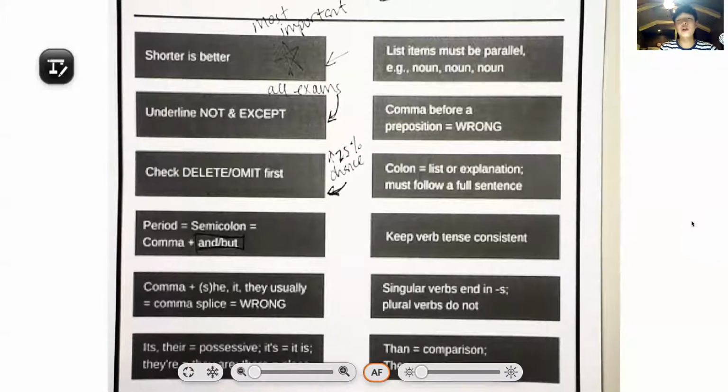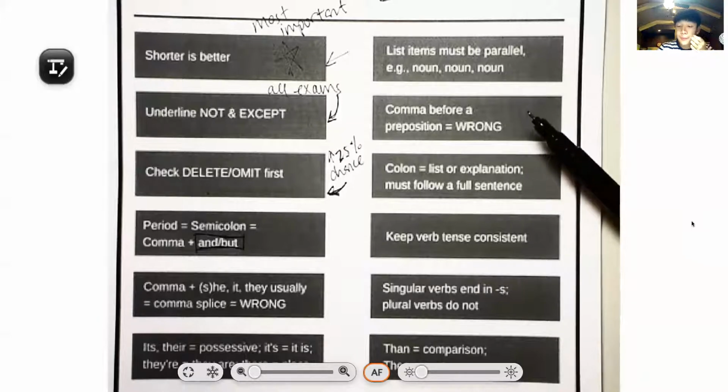It could be just one word, but it moves on with the rest of the sentence, and it's not supposed to be there. So always check your list items, especially if you have it underlined and you're answering a question over a list. Check your list items are all the same. They all could fill in the same place in a sentence, like, for example, noun, noun, noun there.